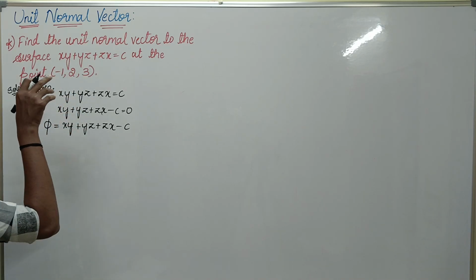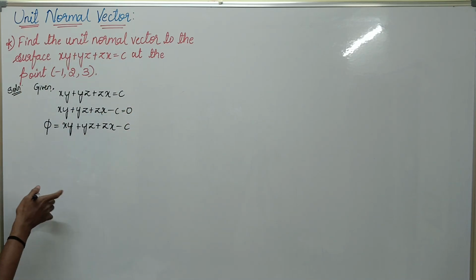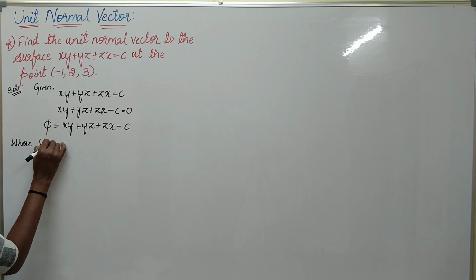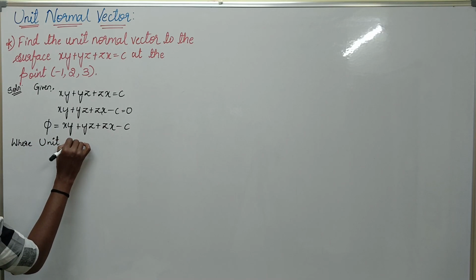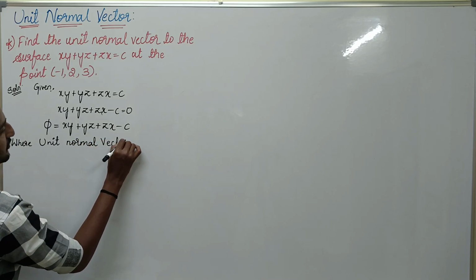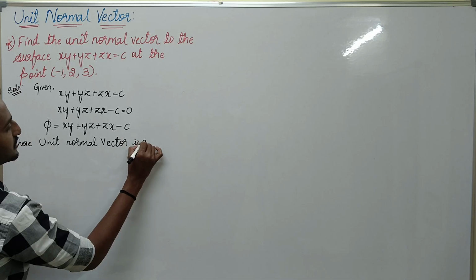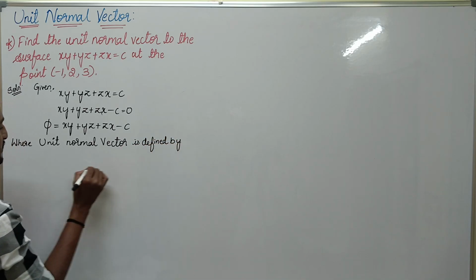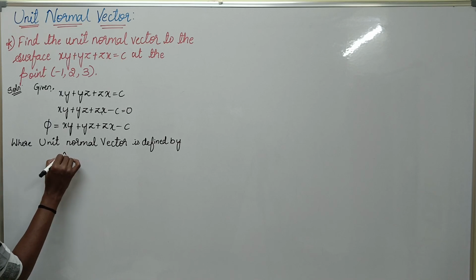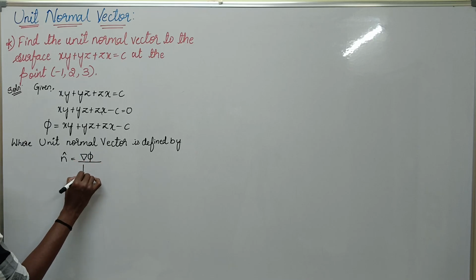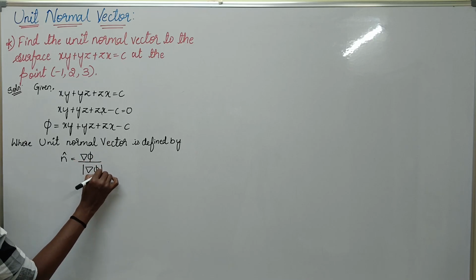Now I need to find the unit normal vector. What is the unit normal vector? The unit normal vector is defined by n cap, which is equal to gradient phi divided by modulus of gradient phi.